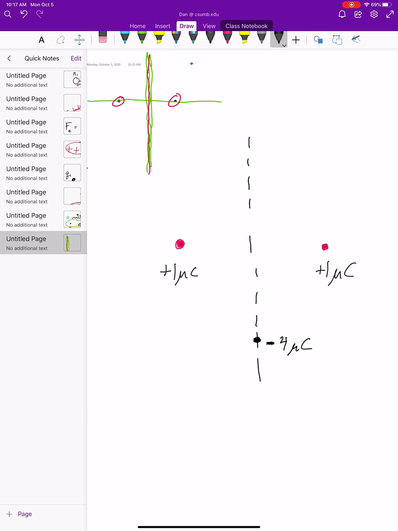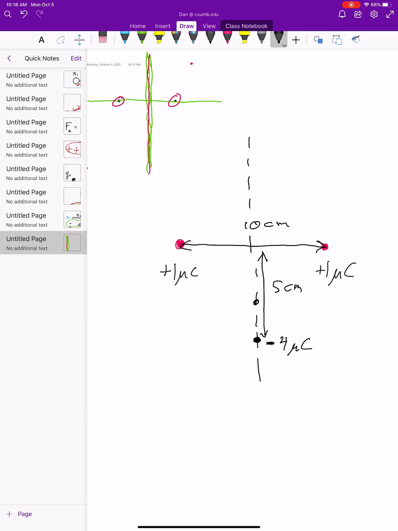Let's say that this here is separated by 10 centimeters. And for the sake of this problem, I'll make this distance here 5 centimeters.